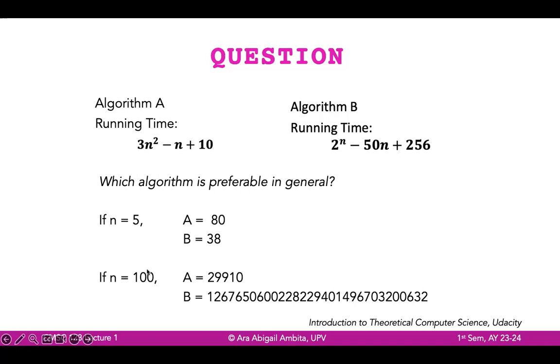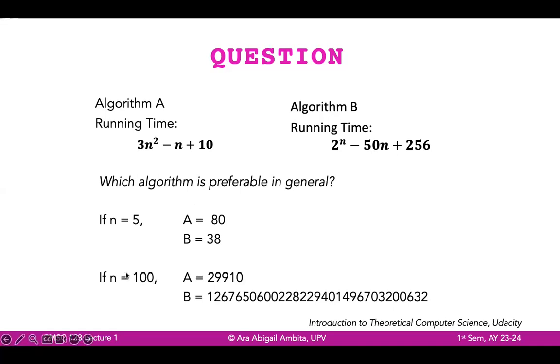But consider if we increase the input size, assuming that n is equal to 100. You can think of it like an array: if n is equal to 5, that means your array has only 5 elements. But if n is equal to 100, that means you have an array with around 100 elements.